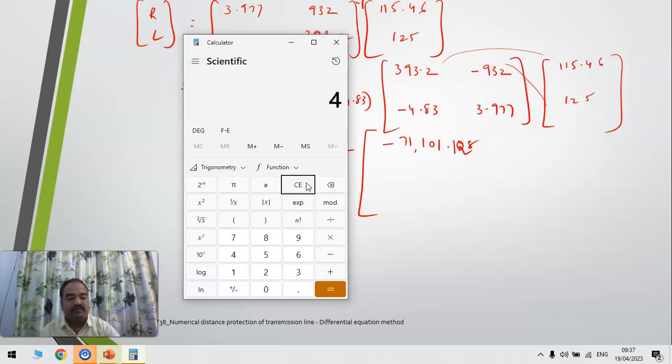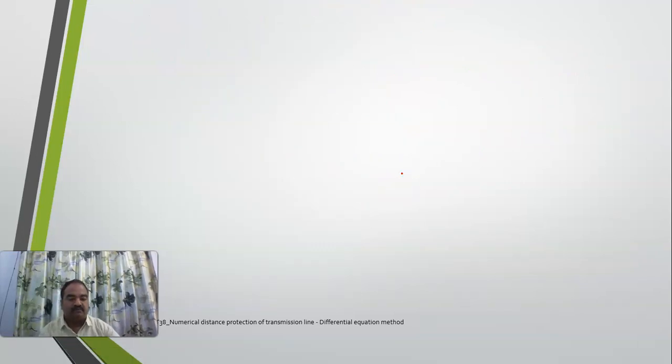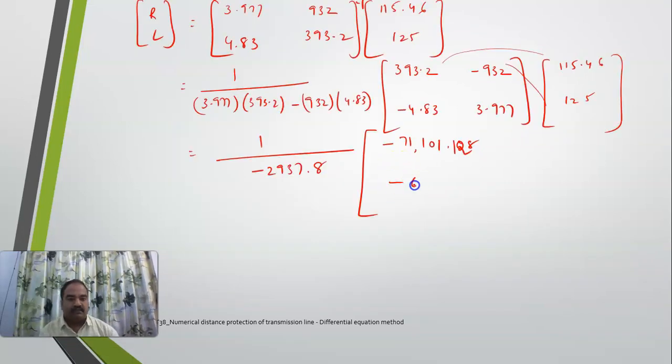I think I'm making a mistake here. Minus 4.83 into 115.46 plus 3.977 into 125. It is minus 60.5, it is minus 60.54, right?